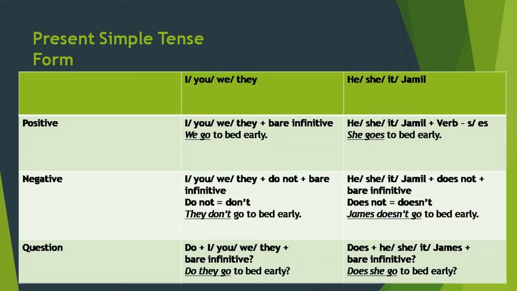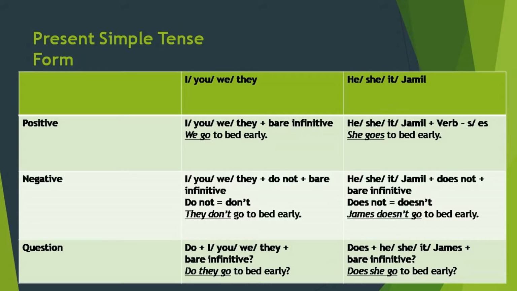Generally, we use it to give a statement, to tell something usual or habitual, to talk about universal truth. And the sentence structure is like this: there will be a subject, then the base form of a verb, and the rest of the sentence.